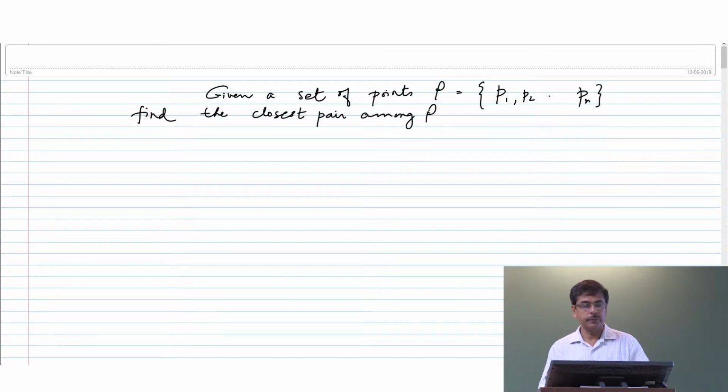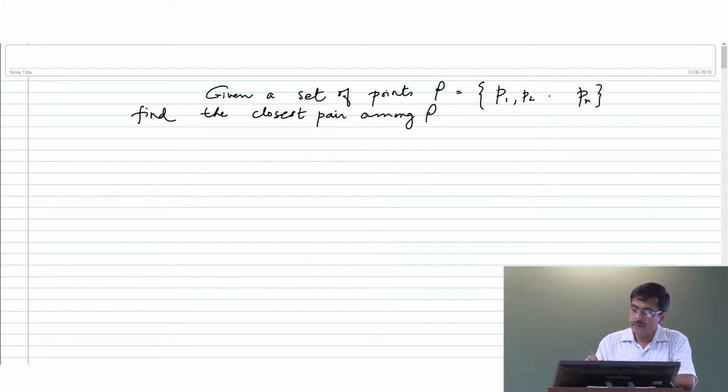That's called the closest pair problem. So, essentially what you are doing is the same as the minimum over all ij of distance p_i p_j.